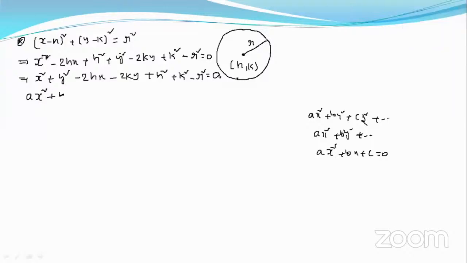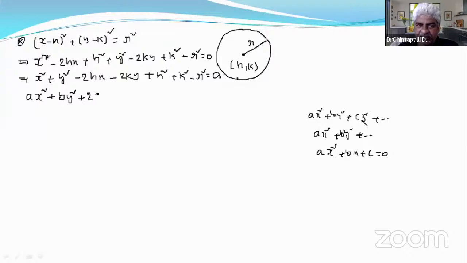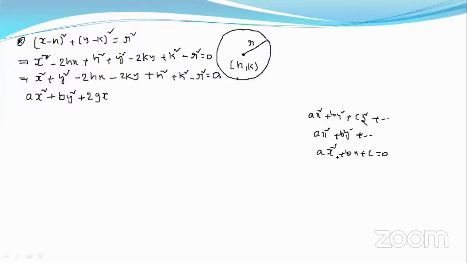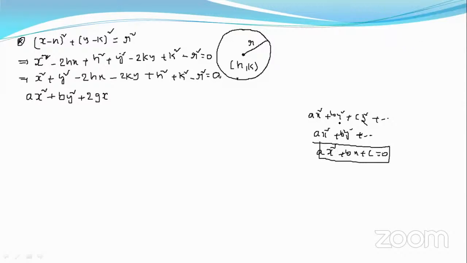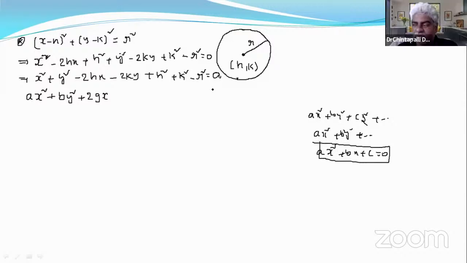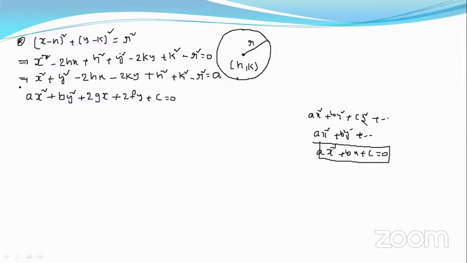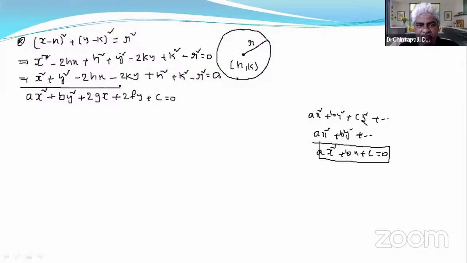Like the general form of the quadratic equation is ax square plus bx plus c is equal to 0, the general form of a second degree equation in x and y is ax square plus by square plus 2gx plus 2fy plus c is equal to 0. Yes, sir.